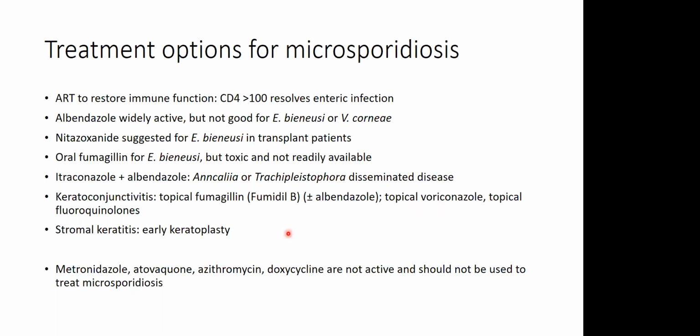If there's stromal keratitis, as in the case I showed you, early keratoplasty is suggested. There are a number of agents which are not active: metronidazole, atovaquone, azithromycin, doxycycline, shouldn't be used for treatment.